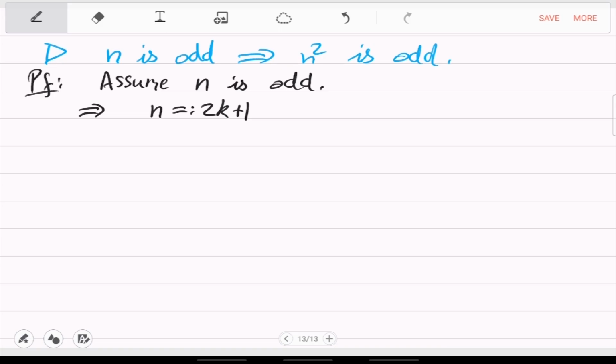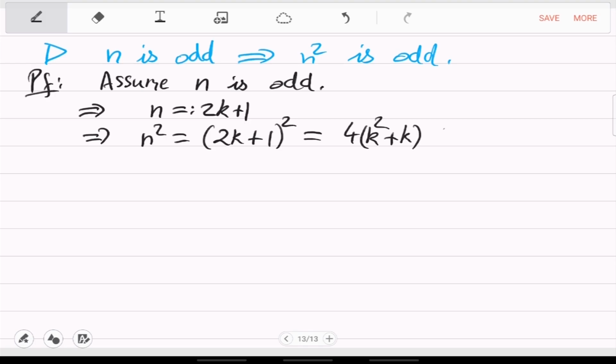And what are you being asked? You are asked to study n square. Right? So what is that? N square is 2k plus 1 whole square, which is four k square plus 4k plus 1, right?